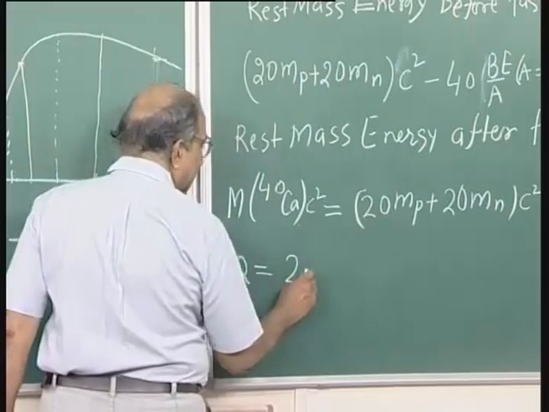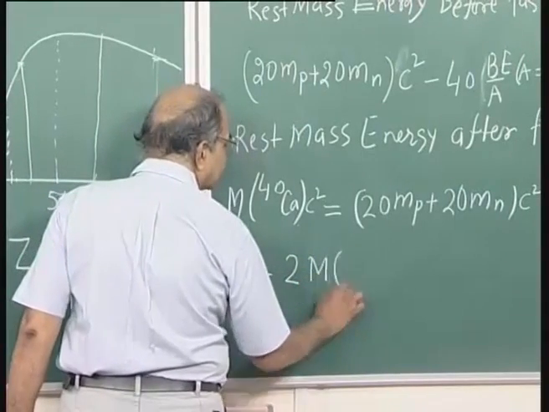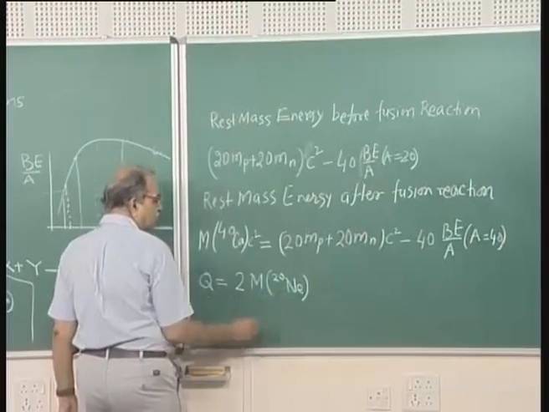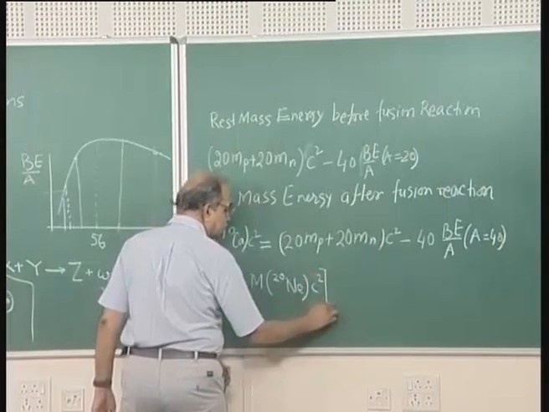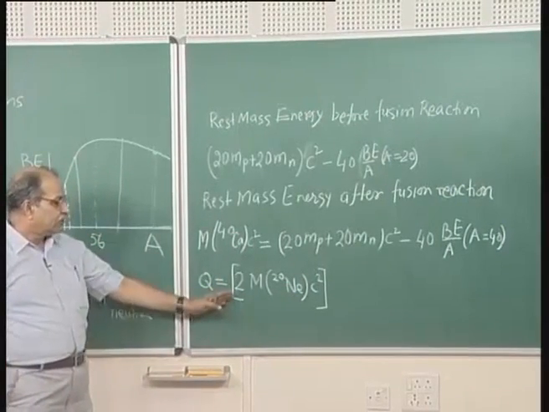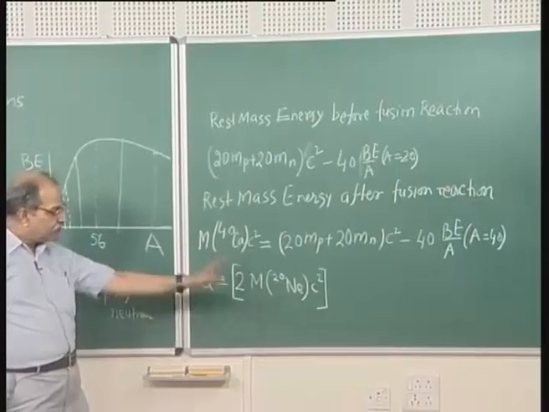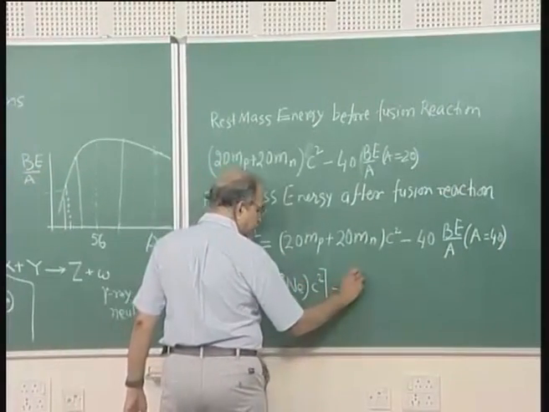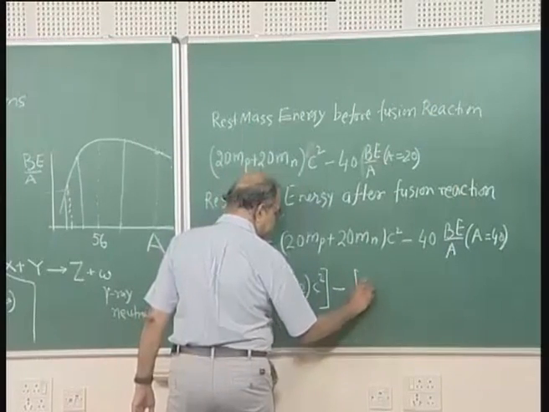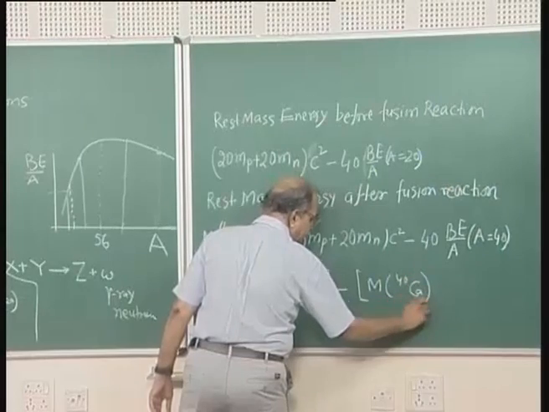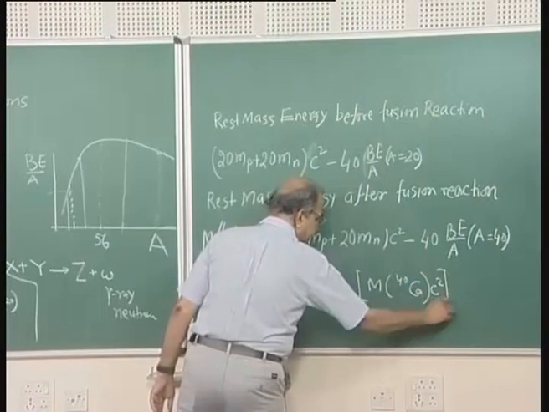So, 2 times mass of neon C square. This is the rest mass energy before the reaction, and from this we will subtract this mass here. So, this will be mass of 40 calcium into C square.